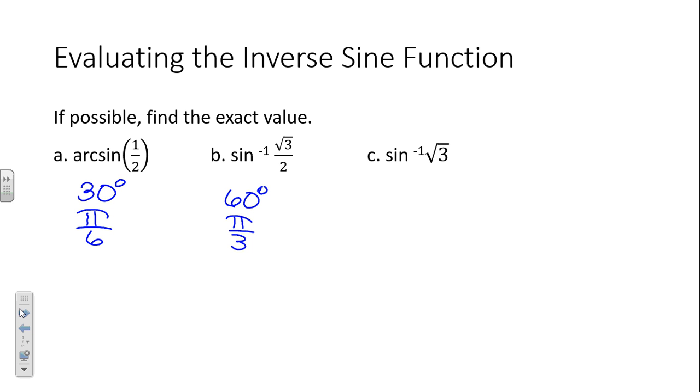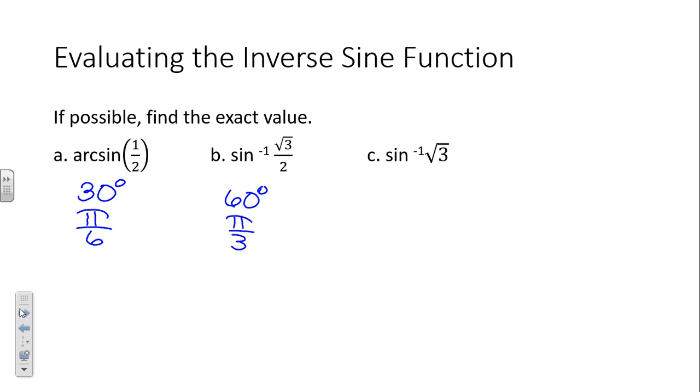Now let's think about this. Is this even possible? What is the square root of 3 roughly? 1 point something, right? Probably closer to 2 than it is to 1, because the square root of 4 is 2 and the square root of 1 is 1. Is it possible to have an angle who has a sine that's more than 1?